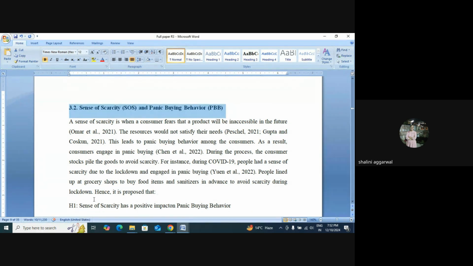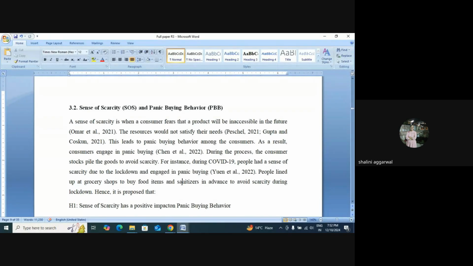Hence it is proposed that sense of scarcity has a positive impact on panic buying behavior, right? Whenever we write the hypothesis, we write only the positive one, not the negative one. We know that there are two hypotheses, one is positive and one is not positive.